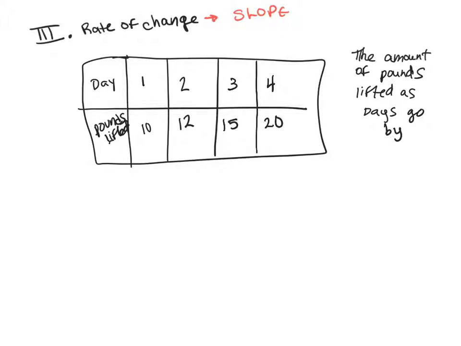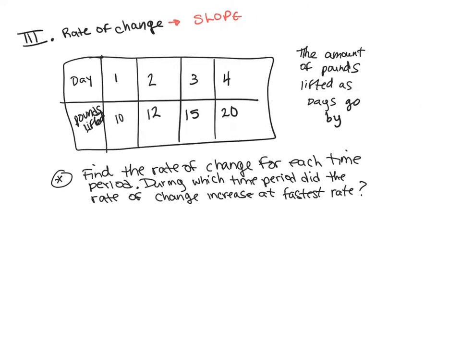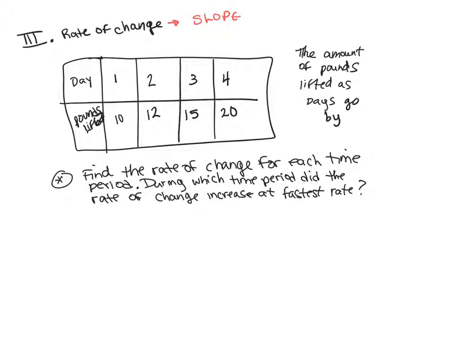The question is going to ask you, find the rate of change for each time period. During which time period did the amount of weight we lifted increase at the fastest rate? So it wants us to find the rate of change for each time period.